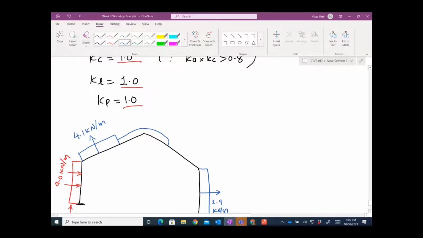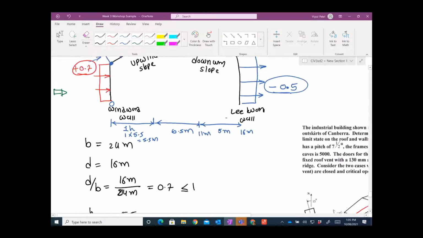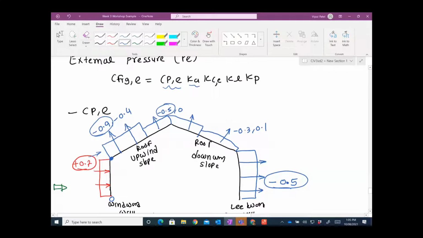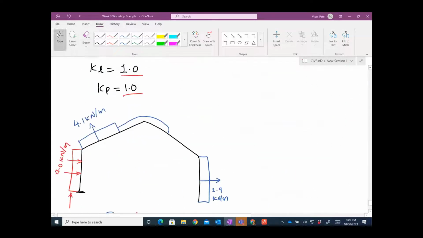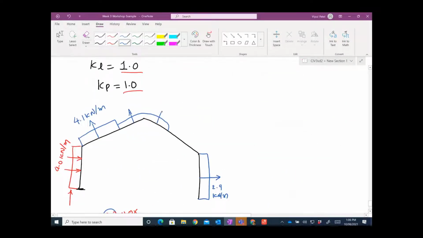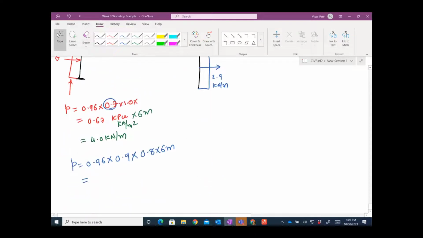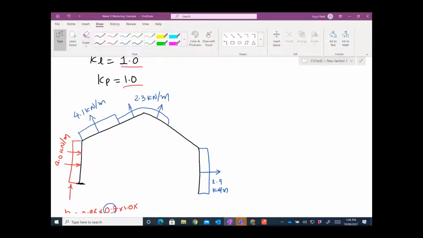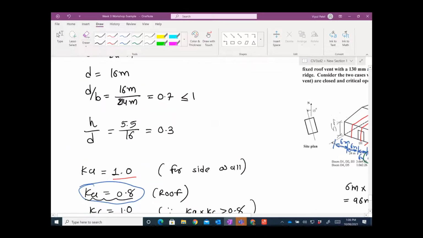And then you go here, you have a first number is minus 0.5 and you have a roof. So let's say if you substitute that minus 0.5, you get 2.3 kilonewton per meter, right? It's just here you put instead of 0.9 you put 0.5, you will get this 2.3, and then you will have a minus 0.3.